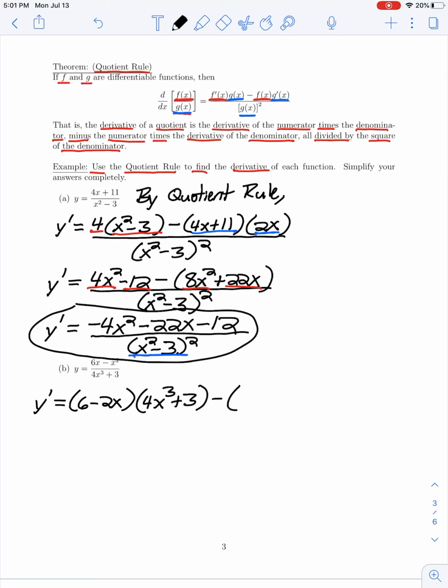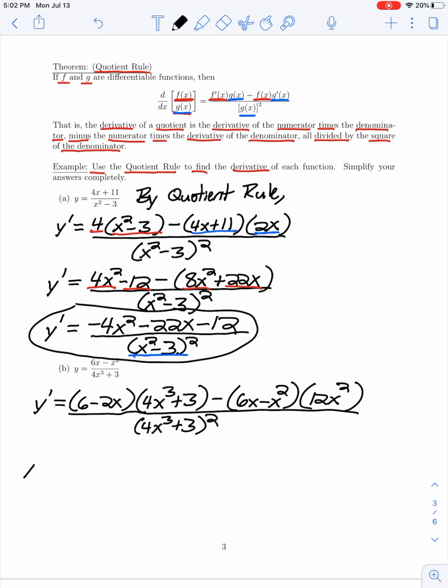Then we subtract the numerator, which is 6x minus x squared, times the derivative of the denominator, which is 12x squared plus 0, or simply 12x squared. And the entire expression is being divided by our denominator, 4x cubed plus 3, quantity squared.